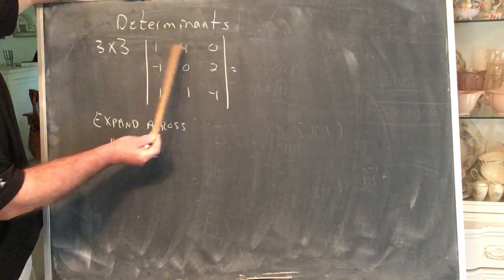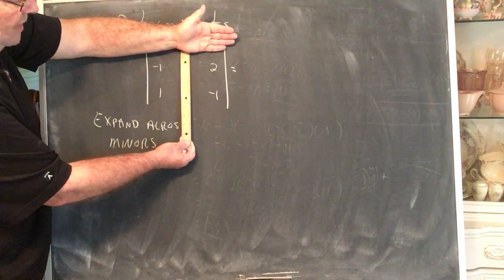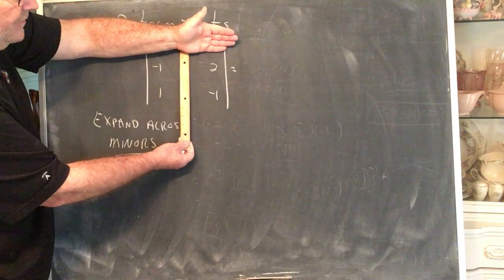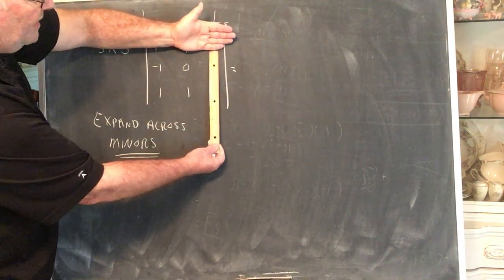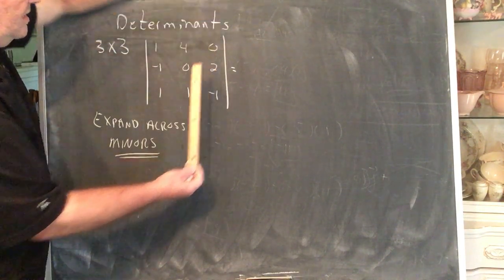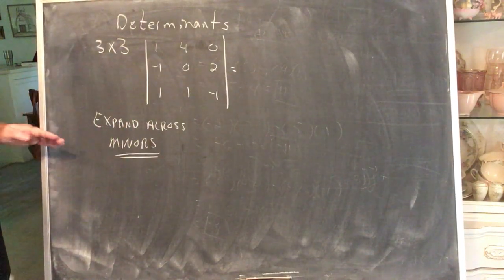The minor of 4 is you eliminate the row and that column, and you're left with a 2 by 2, negative 1, 2, 1, negative 1. And then the minor of 0 is eliminate that row, eliminate that column, and you're left with a small 2 by 2.